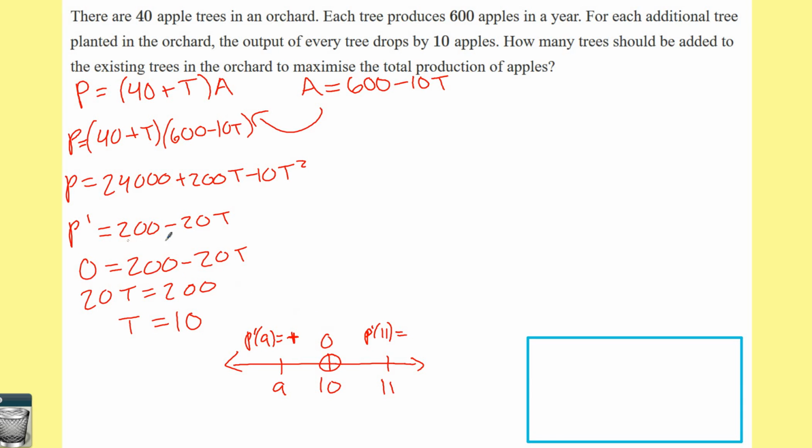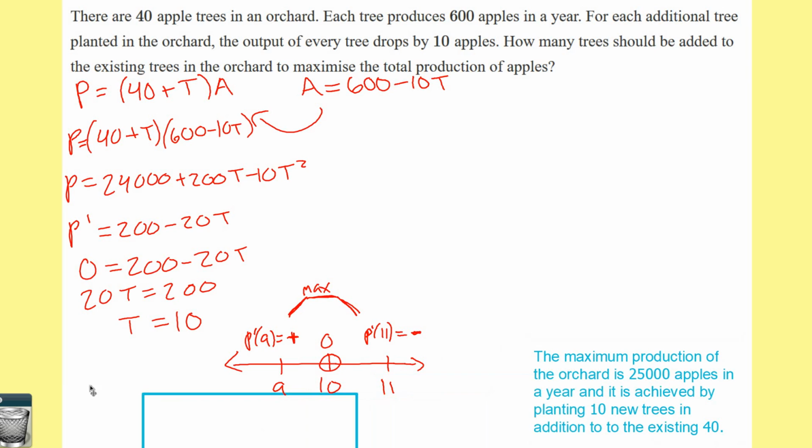The derivative at 11 is, what is that? That's going to be, yeah, negative 20, I believe. So that's negative. So we have a positive slope, 0 slope, negative slope. So this is a maximum. And that's what we're trying to do. We're trying to maximize the total production of apples. Okay, so it should be 10 trees.